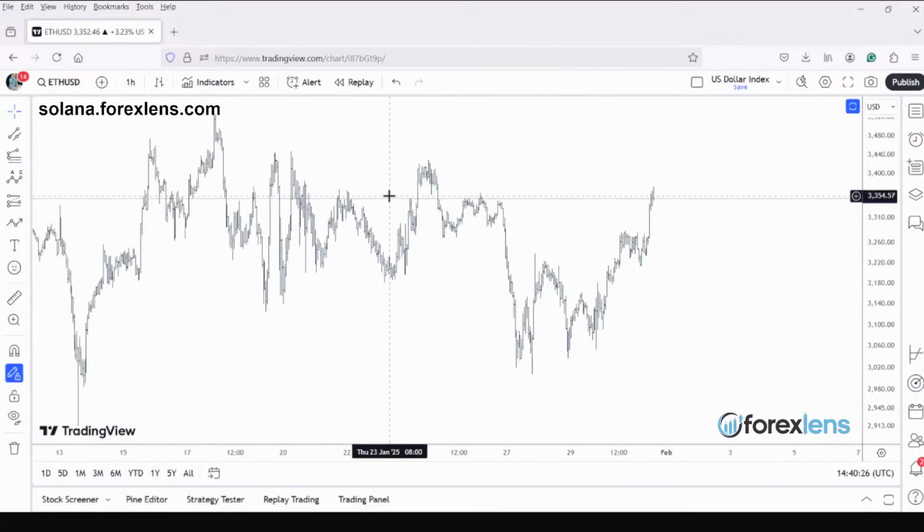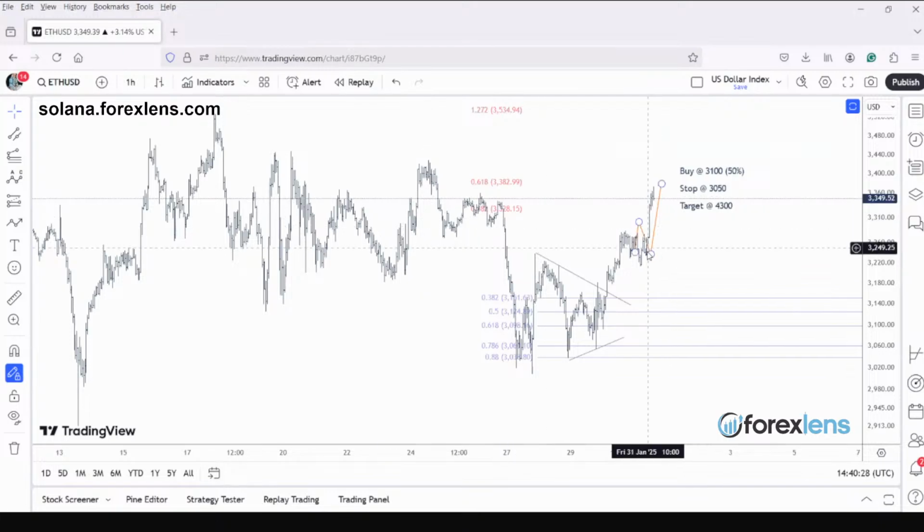Because I was just watching Ethereum, and this one has completed 5 waves of a lesser degree. So you've got wave one, wave two, a potential wave three. We bought at around 3100, correct? It's around 3350 now. So you've got to do one of these two suggestions. Number one, please book your profits maximum and move your stop from 3050.